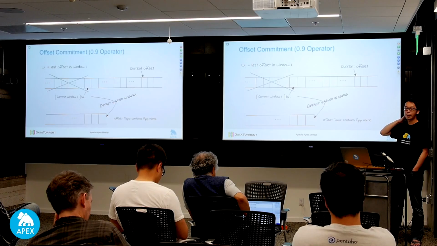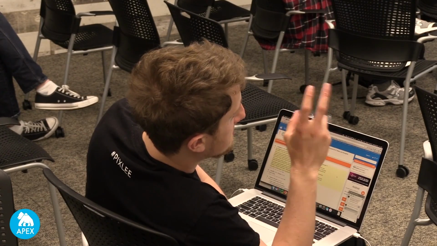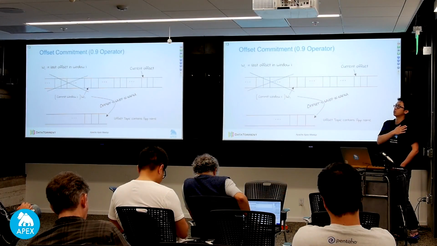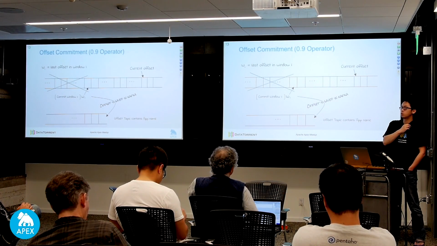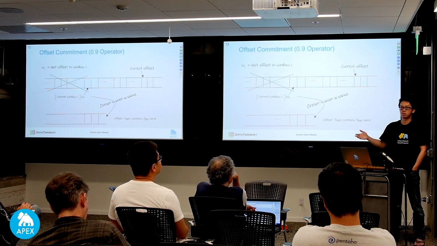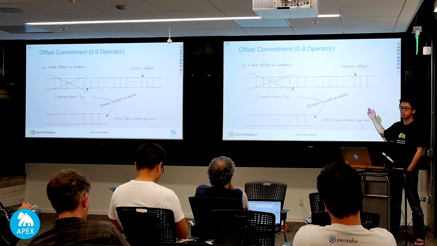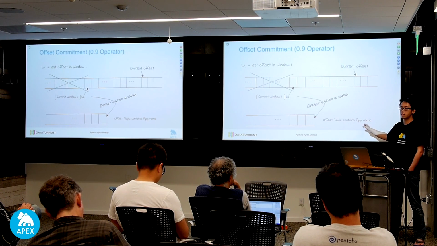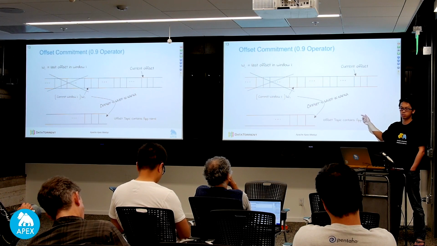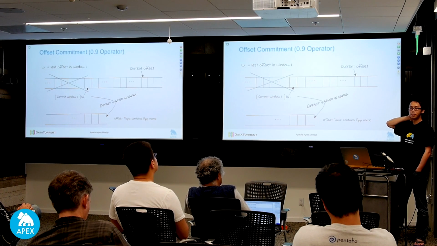And is there a single topic just for the offsets, or does each operator have its own offset topic? No, Kafka doesn't know whether it's being used by Apex or another application. We just give the application name to the consumer, and use this application name as the consumer ID, and when you call the commit method, it commits to the topic which contains that consumer ID, which is the application name here. Got it. Cool.